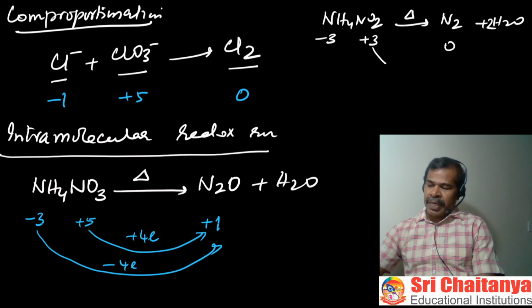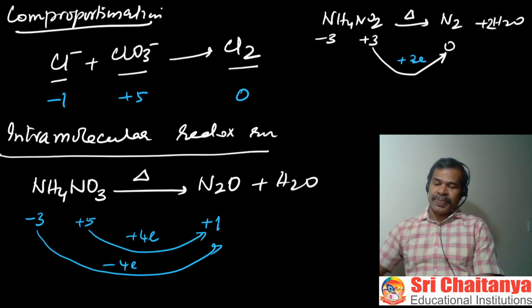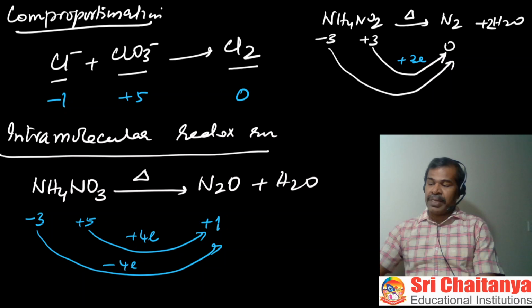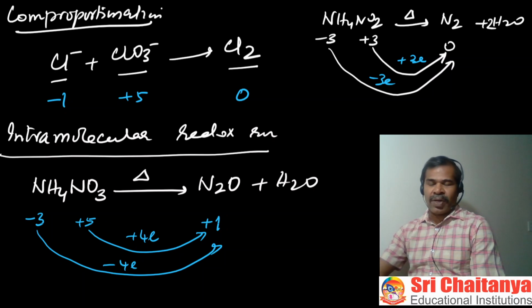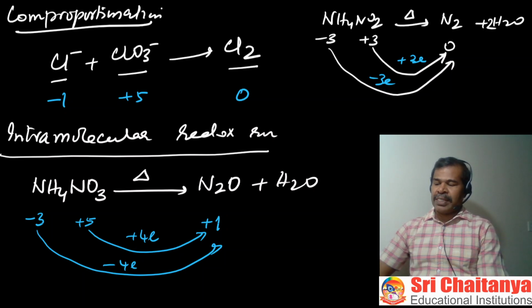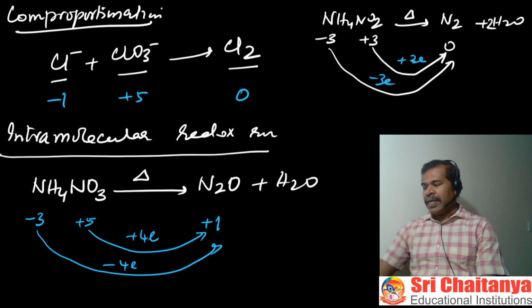So +3 to 0, it is gaining 3 electrons. And -3 to 0, it is losing 3 electrons. So the electron lost by one nitrogen is gained by the other nitrogen. So the electrons are internally balanced. So we call it an intramolecular redox reaction.